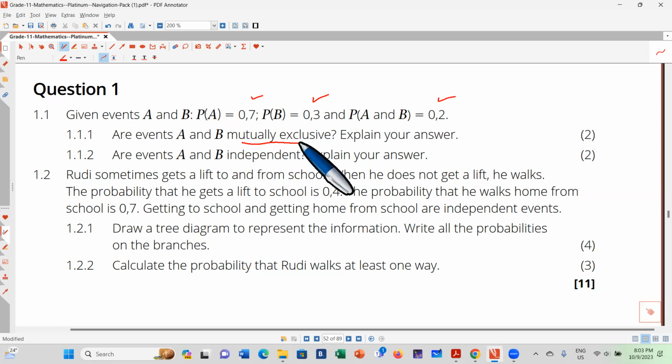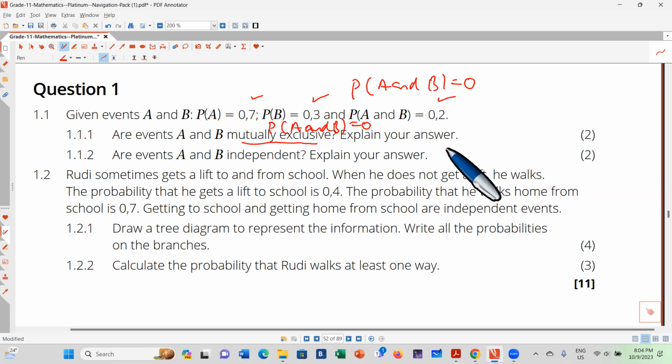What are mutually exclusive events? Two events are mutually exclusive. This means that the probability of A and B is equal to 0. So if events A and B are mutually exclusive, it means that the probability of A and B is 0. So are the events mutually exclusive? Explain your answer.